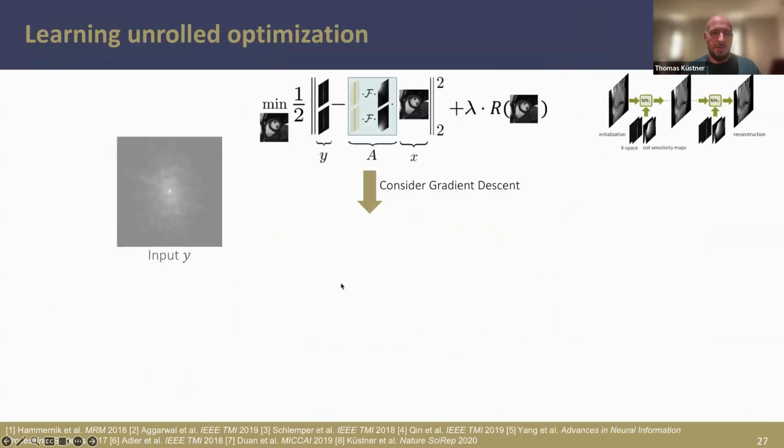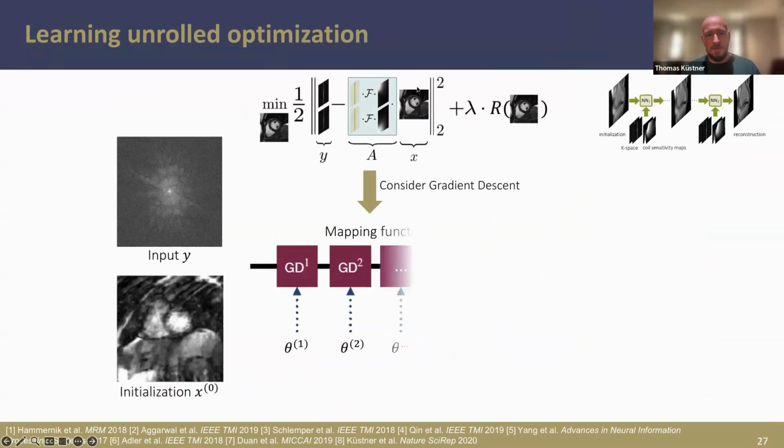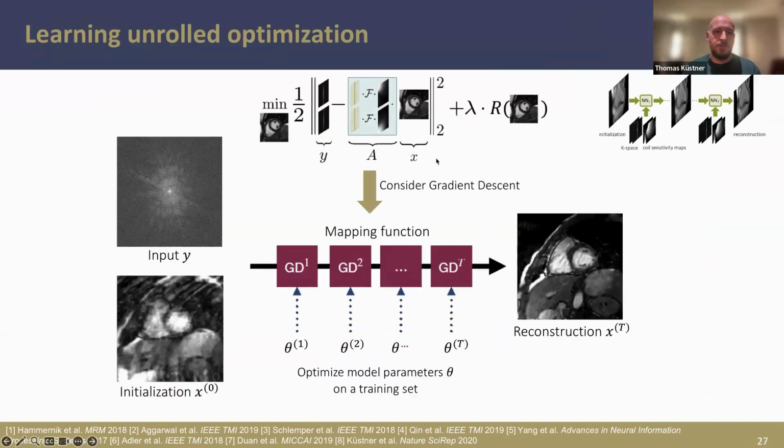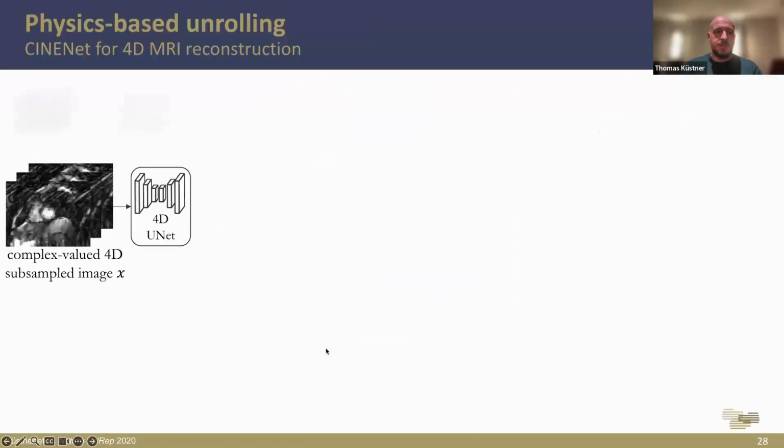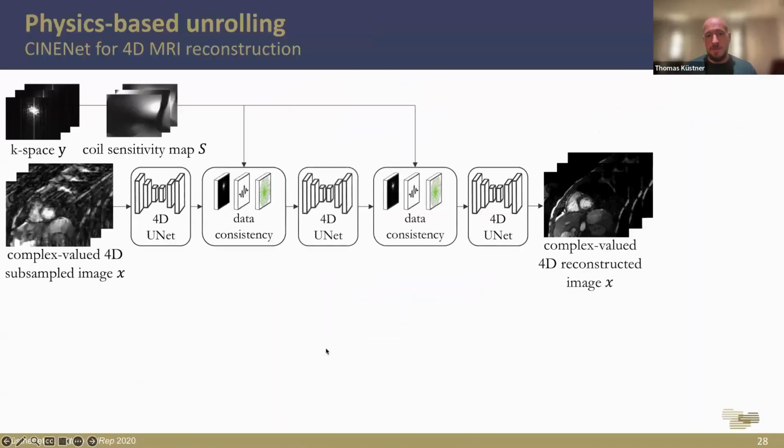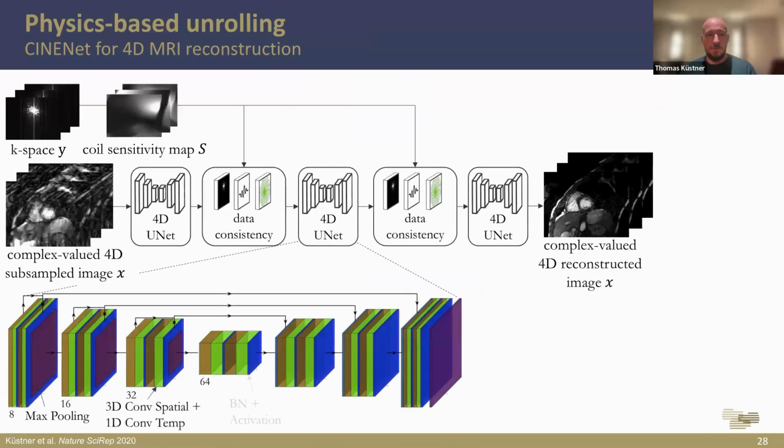Written in a little bit of a different sense, you have your data consistency that you're trying to fulfill, and you try to learn your learnable regularizer. You consider this as a gradient descent optimization. So you're trying to optimize your model parameters over different gradient steps and learn these model weights there. And this is the CNNet example, as a very straightforward example of what you can do.